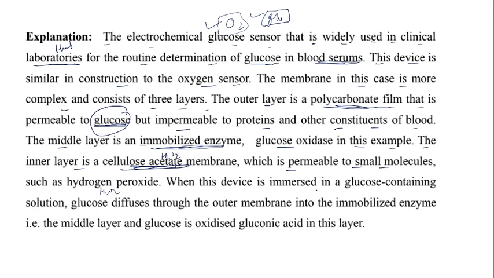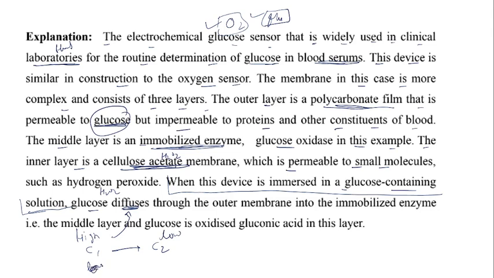When this device is immersed in a glucose containing solution, which is your sample, glucose diffuses. Diffusion means, you know, from concentration C1 to concentration C2, from higher concentration to lower concentration.